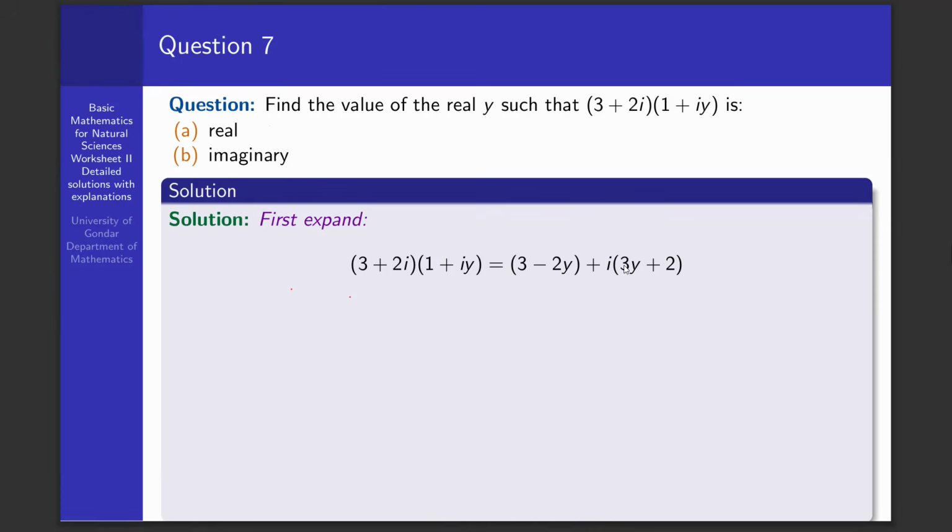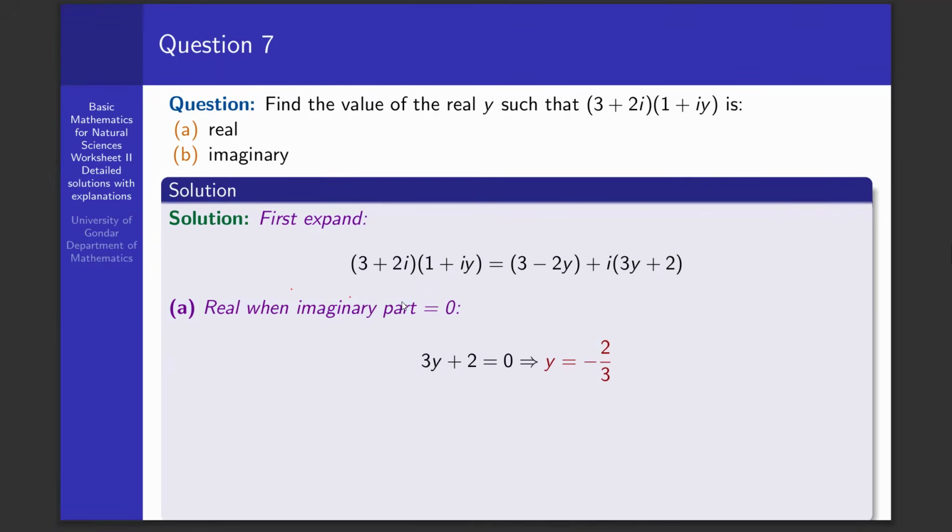So in the first case, to make this one real, we have to make the imaginary part 0. The imaginary part is 3y plus 2, equal to 0, so y is equal to minus 2 over 3.